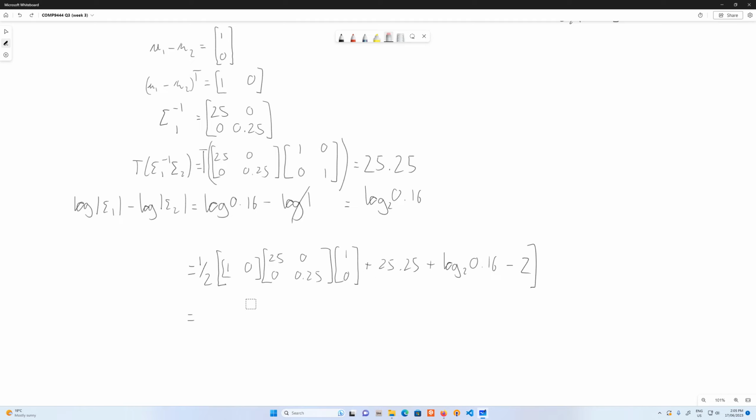So let's get rid of this. 25. We get our trace value, 25 plus 25.25. Let's put the minus 2 over here now. Leave the log at the end. So what have we got here? 50.25 minus 2. That should be 48.25 plus log.